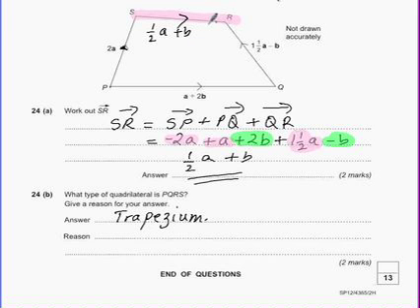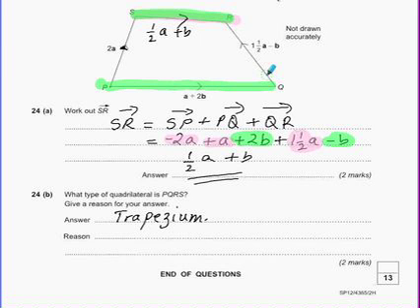So that side here is parallel to that side there. Those two sides are parallel. Now, how can we prove that they are parallel though? Well, like I said, we're going to look back at the answer that we got from part A, and compare it to the line PQ.